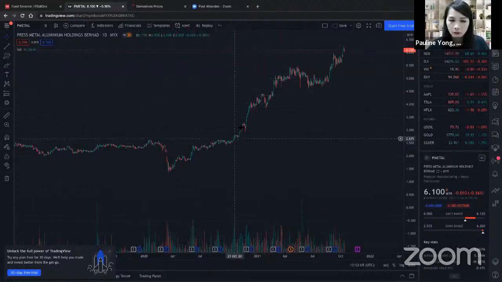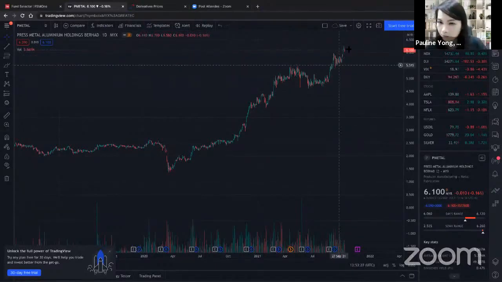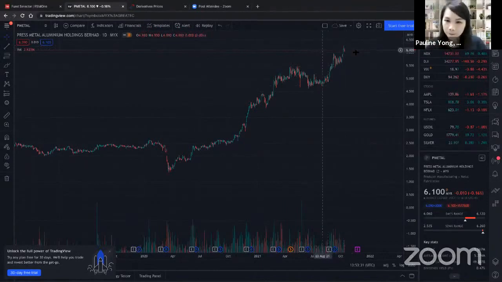Within 3 there is 1, 2, 3, 4, 5, so this is wave number 3. Then 1, 2, 3, 4, 5, so this is the 5th wave. So this one will be the 5th wave for Press Metal, and it's still going up.